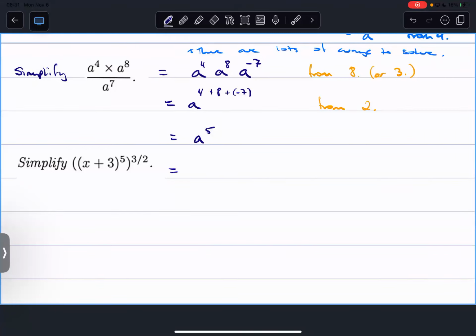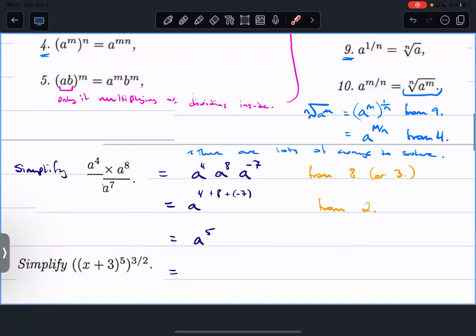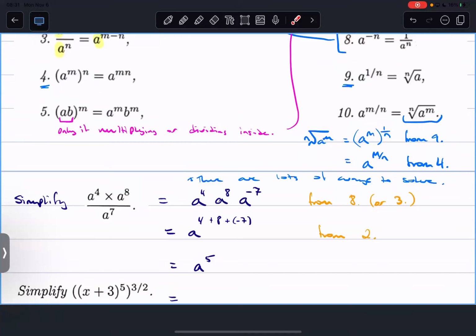So what can we do? I'd say my go-to move would probably be to multiply these two powers. I'm allowed to do that from rule 4.